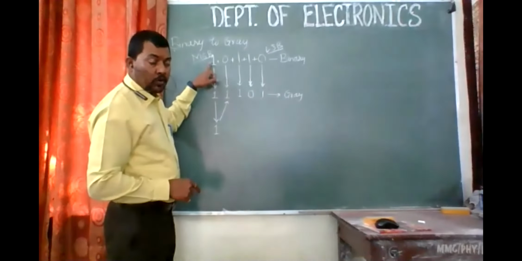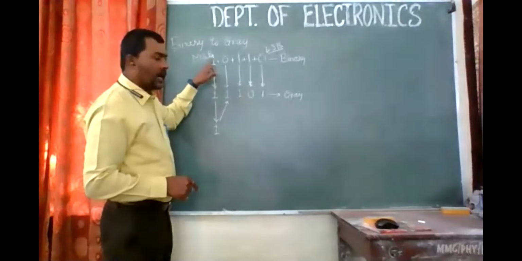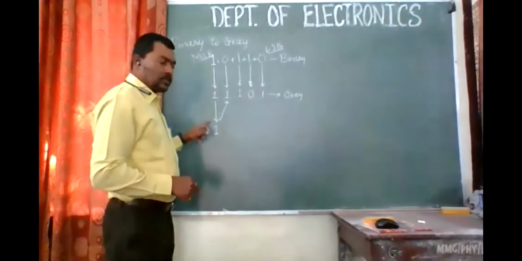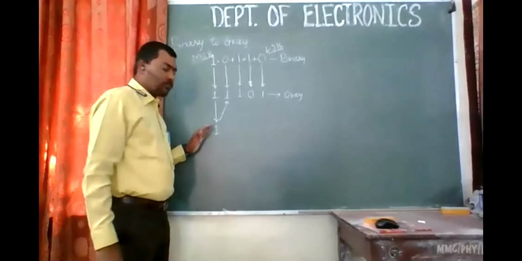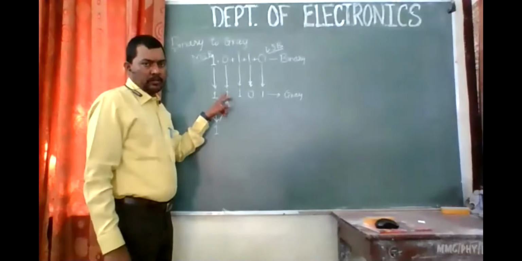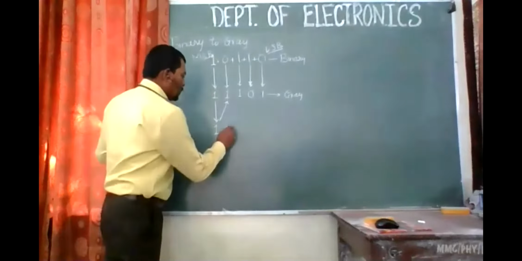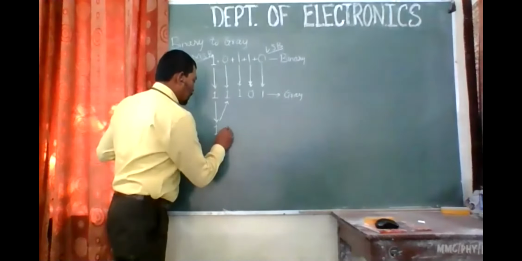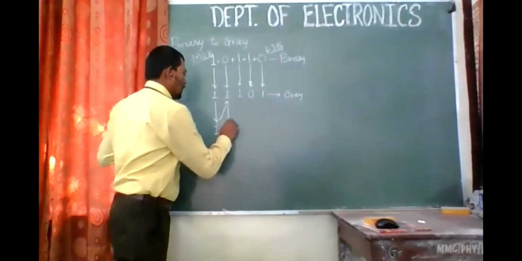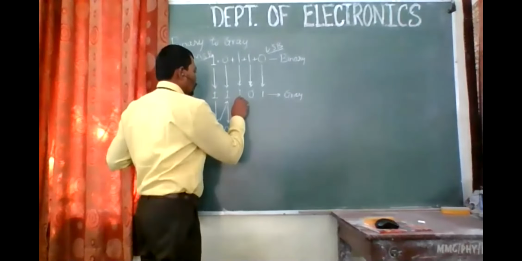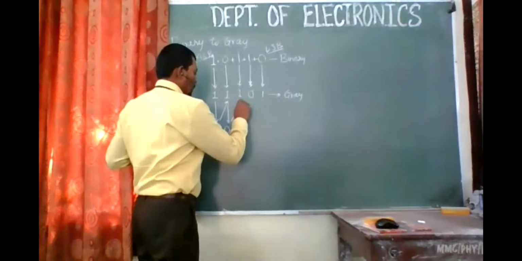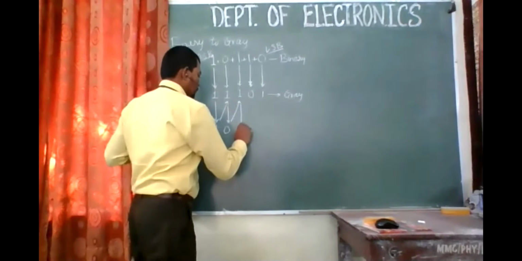In the conversion from binary to gray, we were adding the adjacent bits. Now in the conversion from gray to binary, we have to add the result with the next number, right? So 1 plus 1 is 0 with a carry 1, so I am writing only 0. So the result we are writing like this, right? In the second part, again add this 0 to this 1: 0 plus 1, the result is 1.